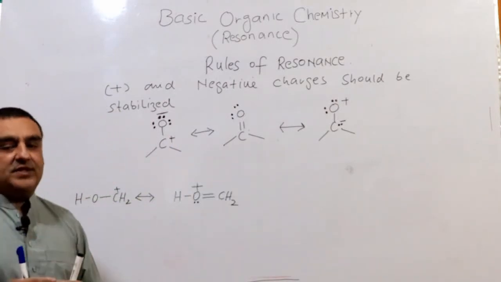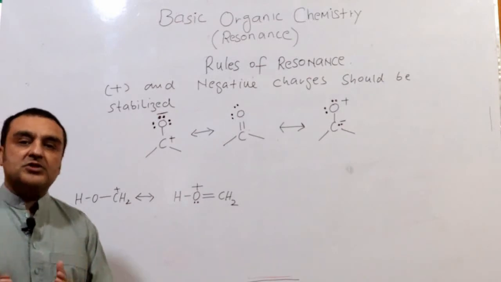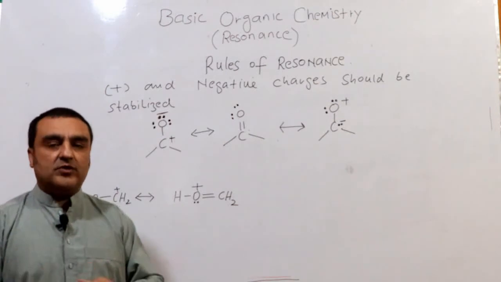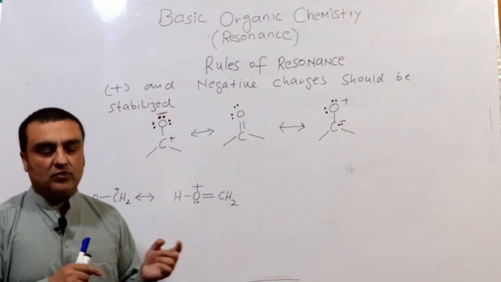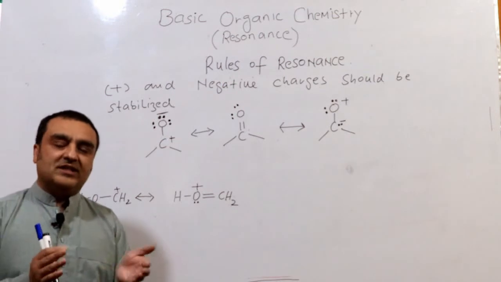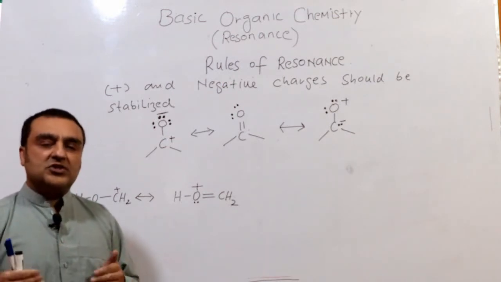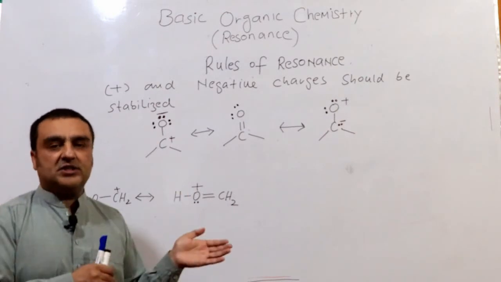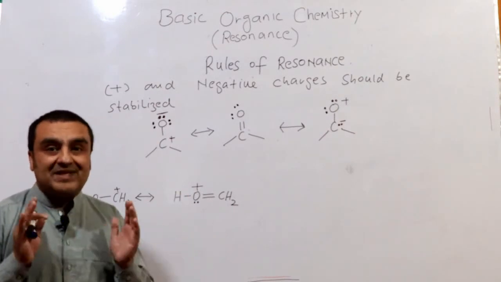But there is a difference. The positive charge needs to be on the less electronegative atom, or the negative charge should be on the more electronegative atom, or we need to draw structures in which both the positive and the negative charge are stabilized.